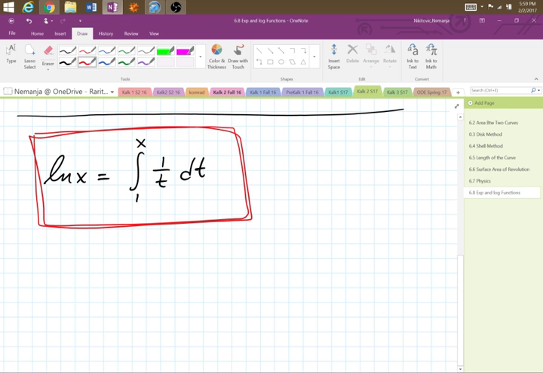Now, interestingly, you can use this definition to show all of those cool properties, like ln of x times y is ln x plus ln y. You can actually prove all of those formulas with this, using the properties of integrals. And you know, in the honors section, that's what they actually do on the tests and so on.